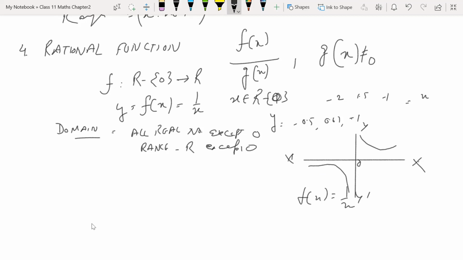Then one more important function, that is the modulus function.